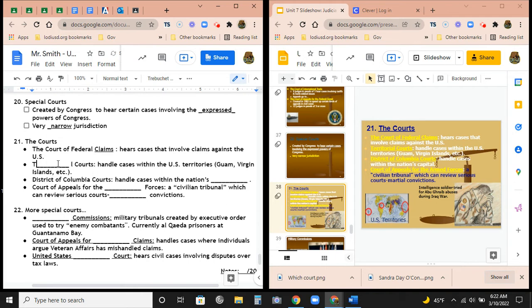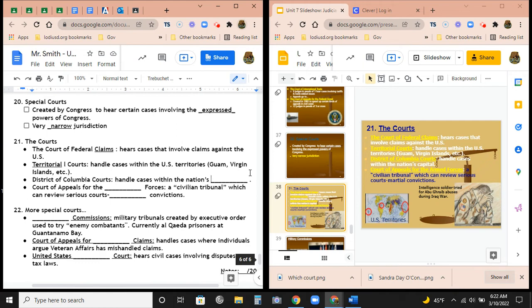And America does get sued. And you get the territorial courts that spring because there's a bunch of territory the U.S. owns that are not states. Guam, Virgin Islands, American Samoa. Those are the ones I can think of off the top of my head. Puerto Rico.